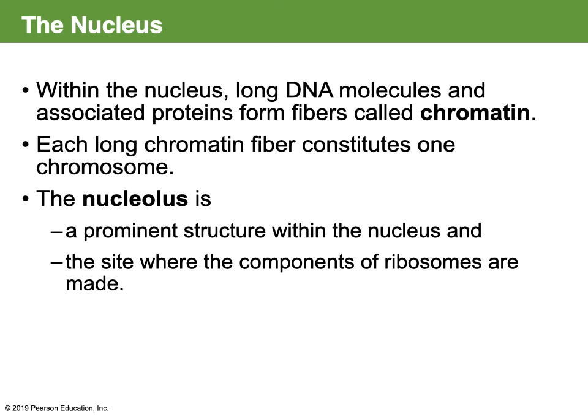Each long chromatin fiber makes up one chromosome. Now, you might sometimes see in a picture an illustration of a nucleus or a photomicrograph of a nucleus, little dots within the nucleus. The nucleolus, or plural nucleoli, are prominent structures within the nucleus, and that's where parts of the ribosomes are made.